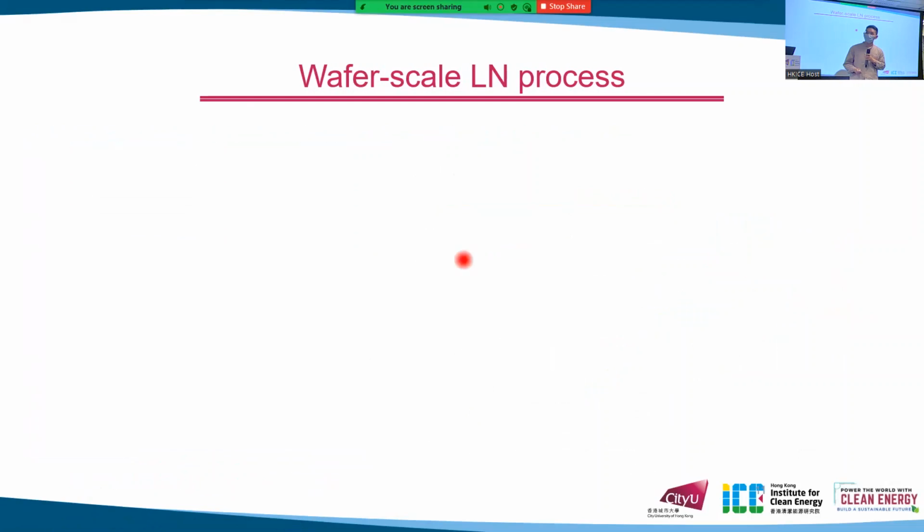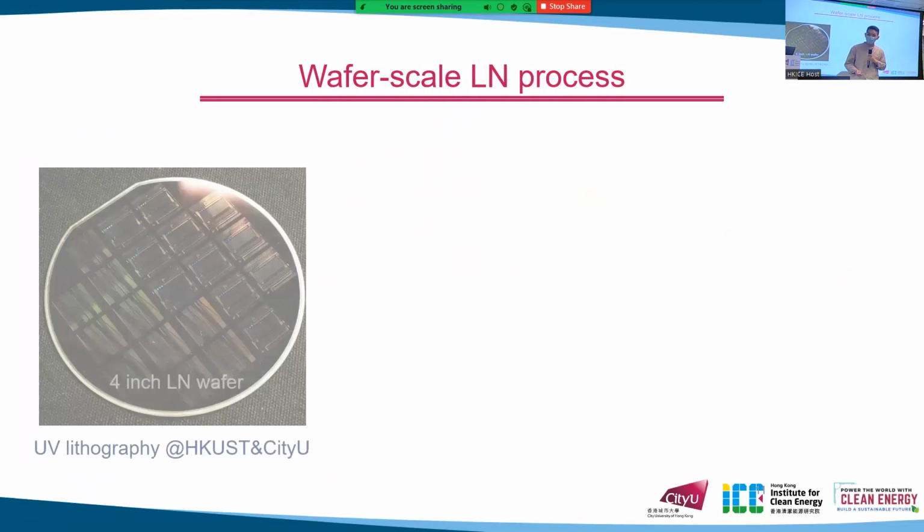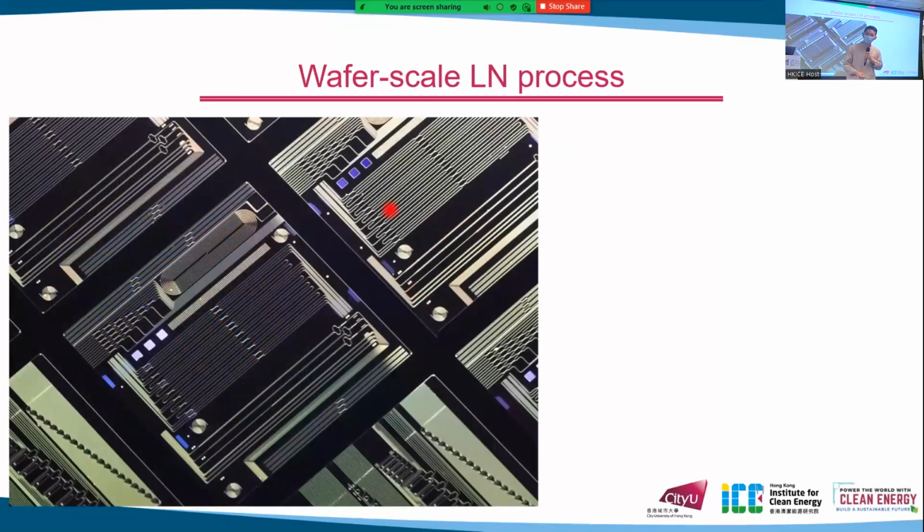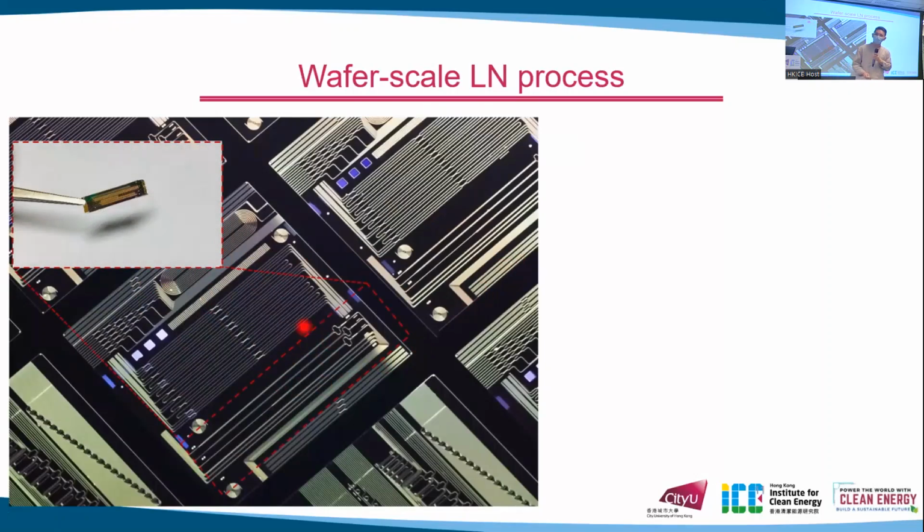Also, we have explored this wafer-scale lithium niobate process. This picture shows a 4-inch lithium niobate wafer we fabricated using a simple UV lithography at HKUST and CTU. If we zoom in on this part, we can see that there are many structures here. And this part is our modulator.